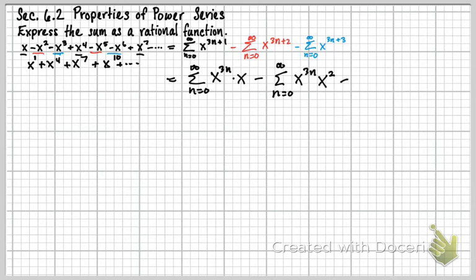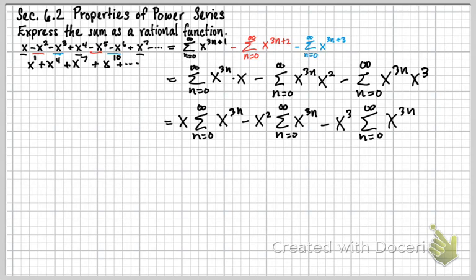And for the third one, I can call the sum n equals 0 to infinity of x to the 3n times x cubed. And then what I can do is pull those out of all three of them.